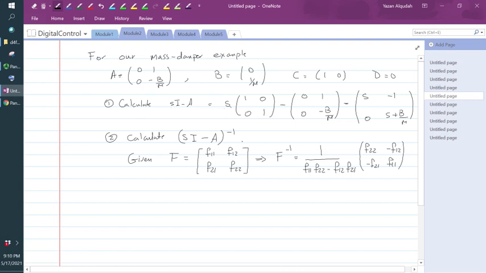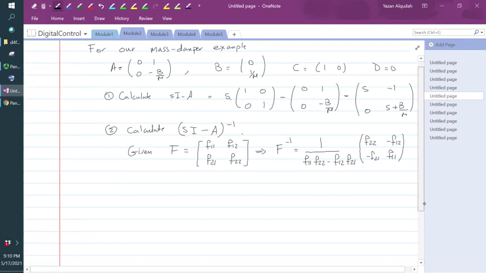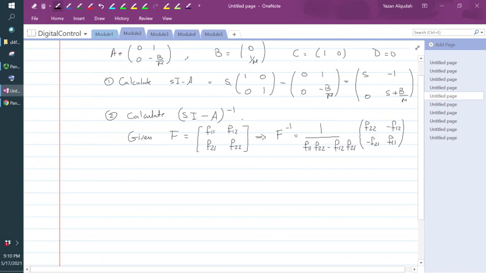Okay, so this inverse is going to exist only if the term F11 F22 minus F12 F21 is not equal to 0. If this determinant is not equal to 0. So here we're assuming that F11 F22 minus F12 F21 is not equal to 0.